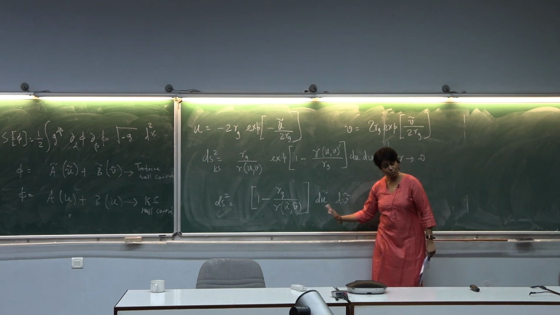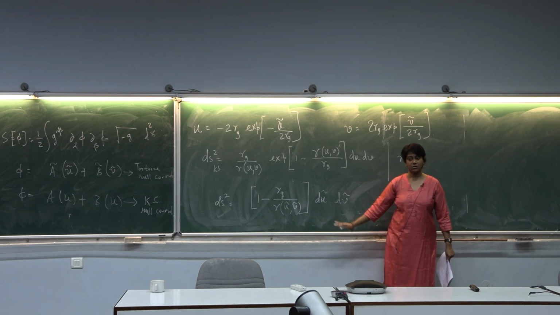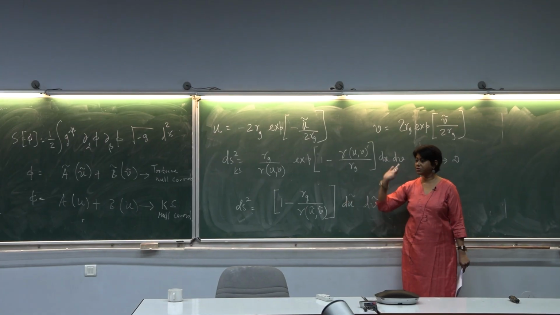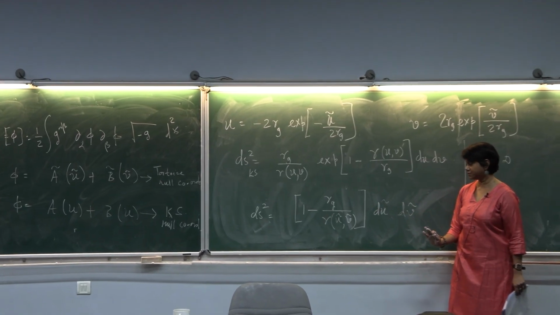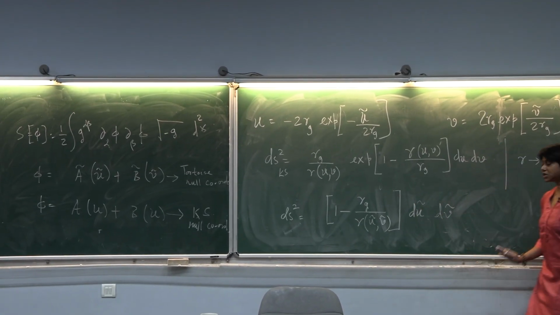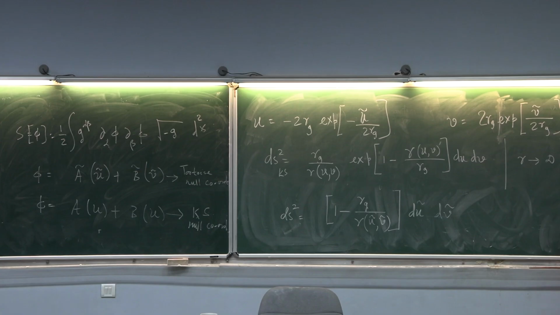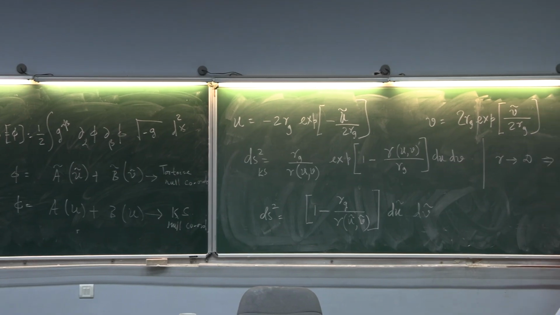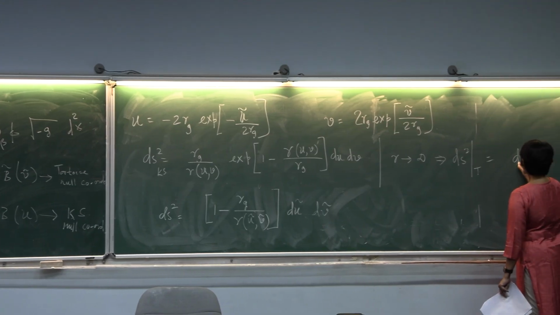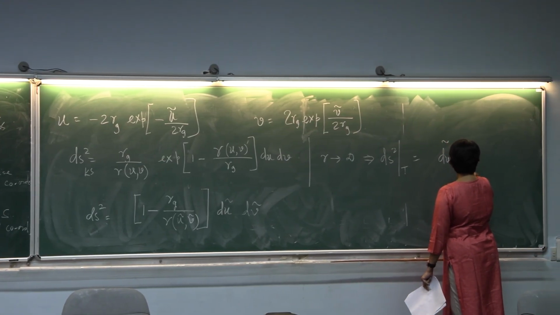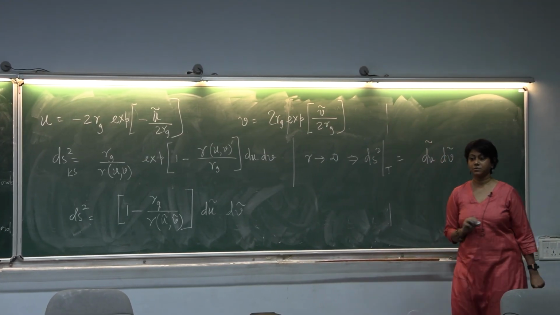If I take for the tortoise coordinate metric r going to infinity, remote observer or asymptotic observer limit, will you agree with me if I write down that ds squared will become under the tortoise coordinate, true?